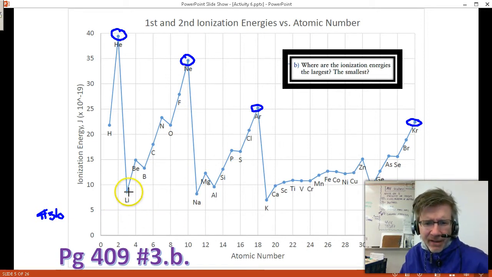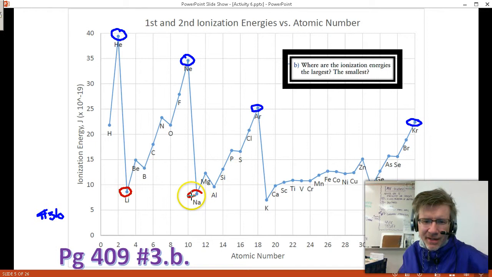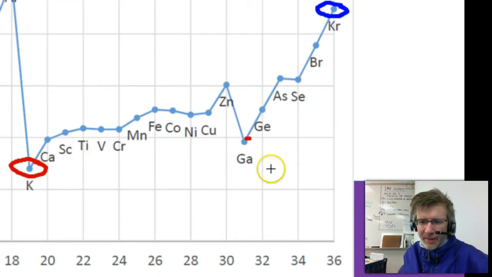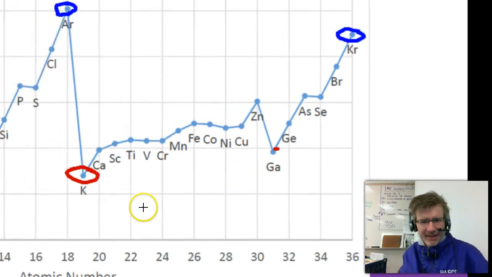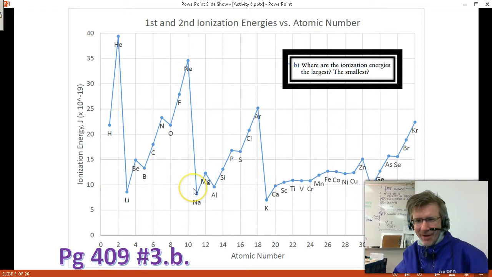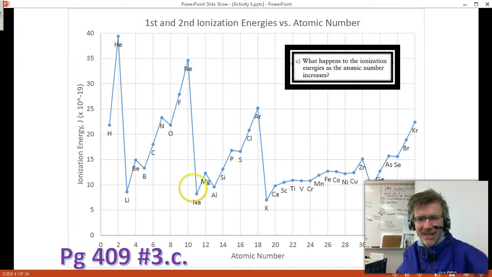Here we've got lithium, sodium, potassium. Those are pretty much the lowest 3. There might be a low one here, gallium. We can make a note of that one. But those are the lowest.